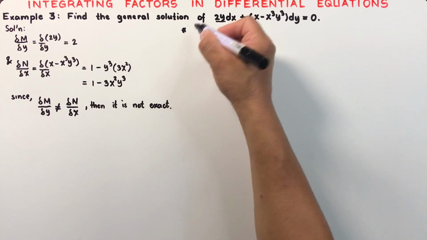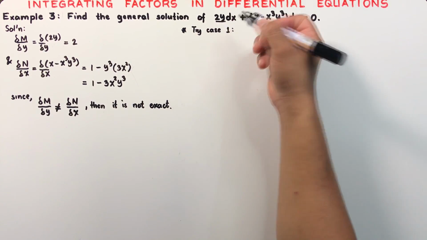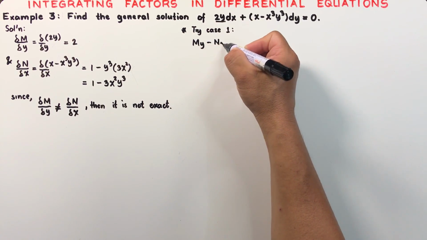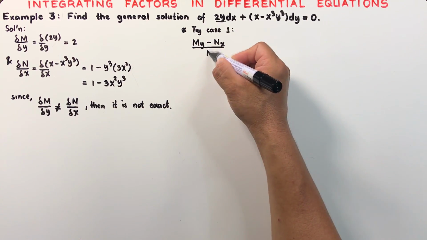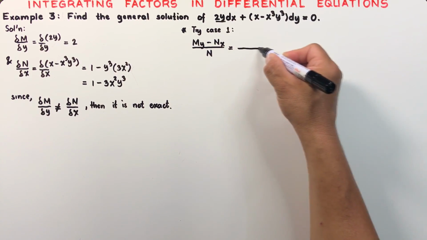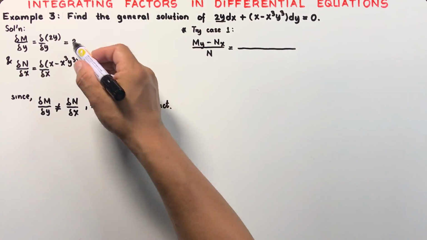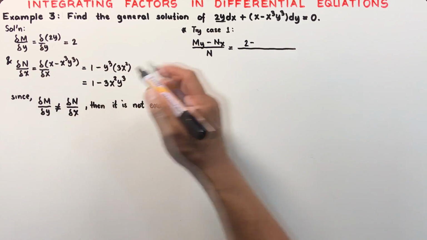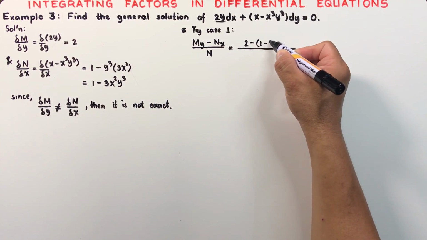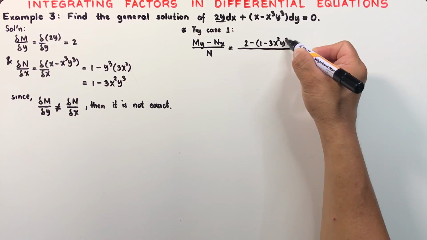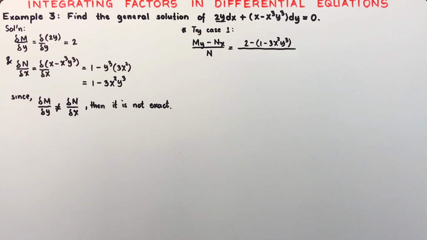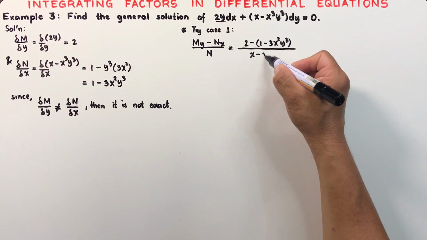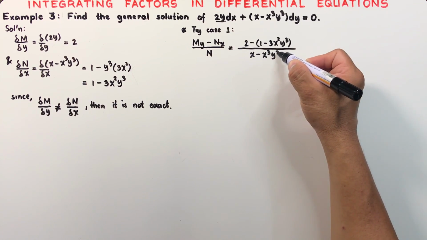So now, let us try case number 1 by solving for the partial derivative of M with respect to y minus the partial derivative of N with respect to x, divided by N. We know that our partial derivative of M with respect to y is 2 here, and the partial derivative of N with respect to x is this one here, so this is minus 1 minus 3x squared y cubed, but this will be divided by our N, which is x minus x cubed times y cubed.